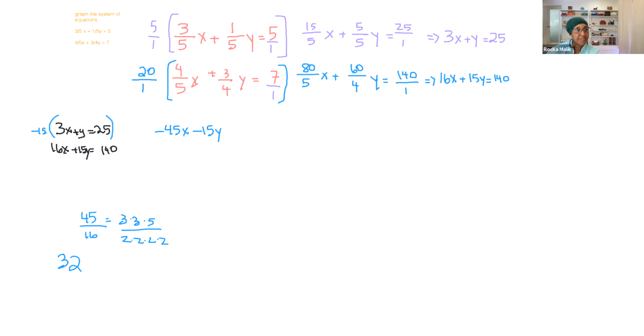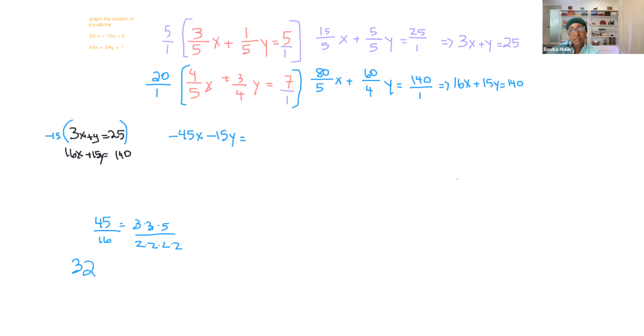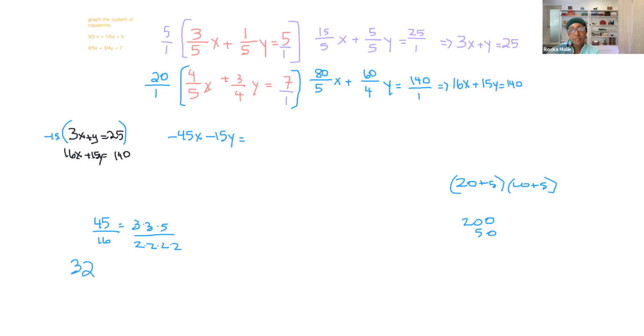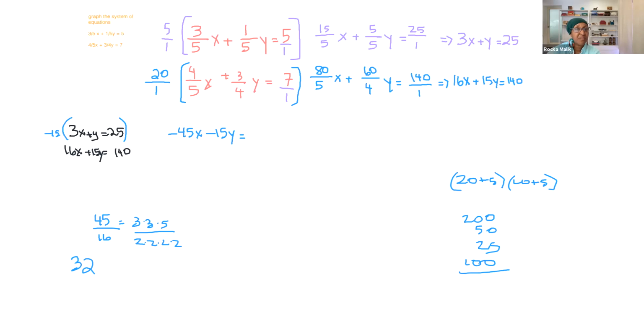Negative 15 times 25, I don't know. Hold on. Don't look at what I'm doing, okay? It only makes sense to me. 375. Somebody have a calculator?